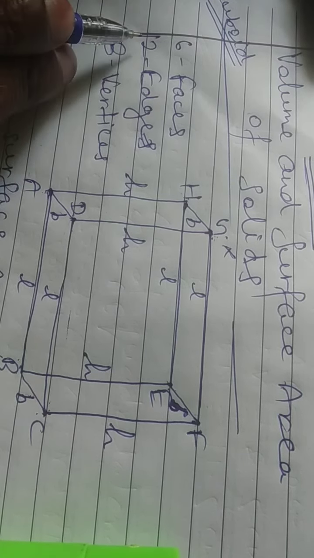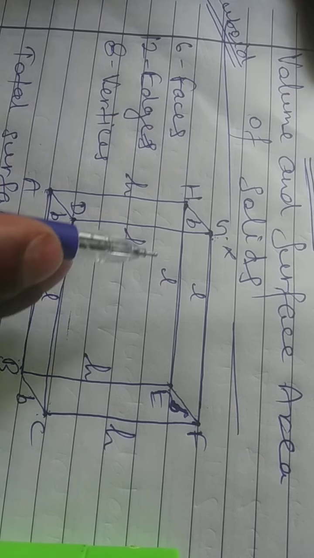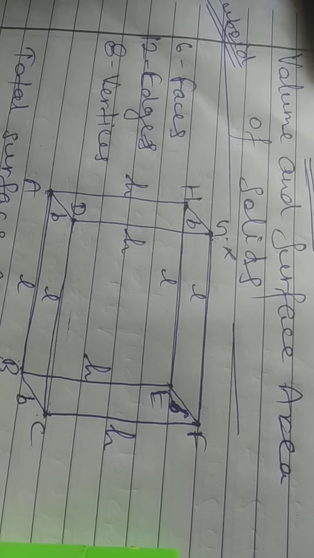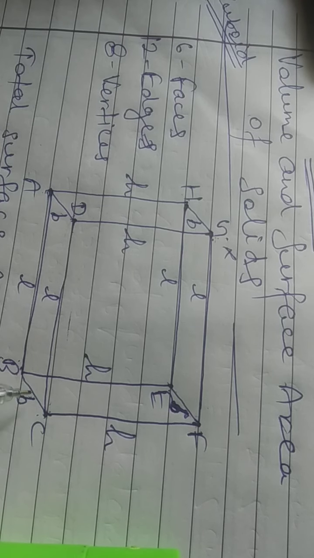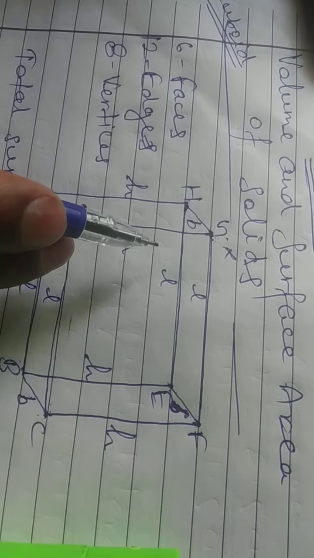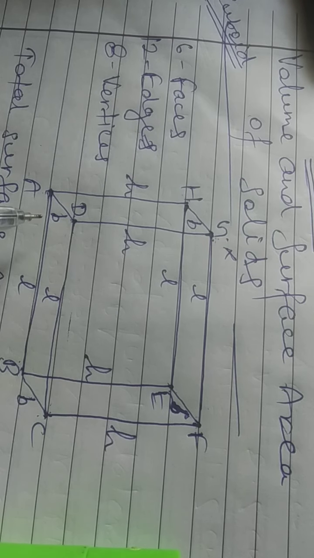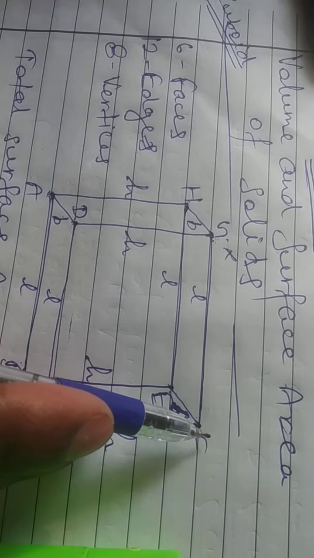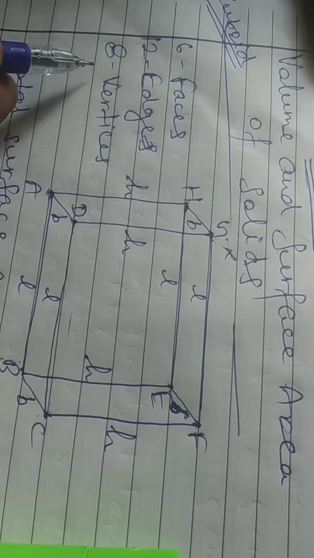The third part of the cuboid is the vertex. The points lying at the corners of this cuboid are called vertices, namely A, B, C, D, E, F, G, H. There are 8 vertices.